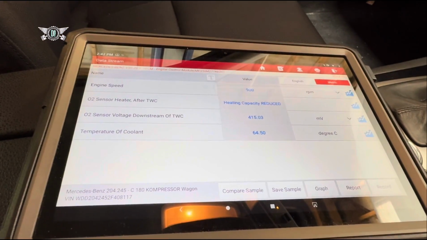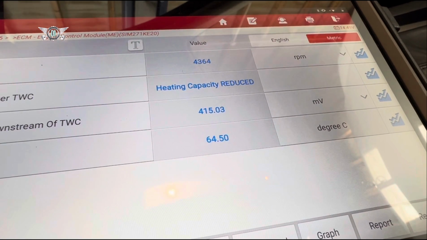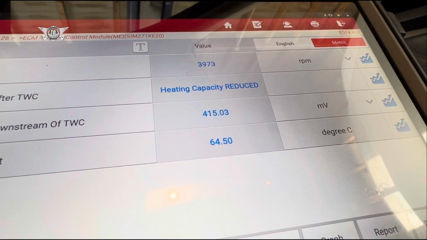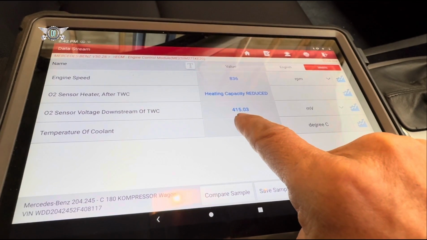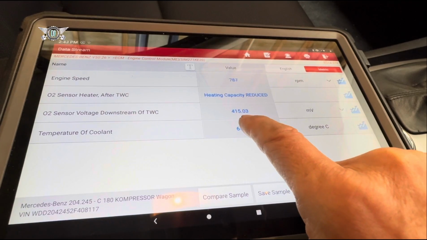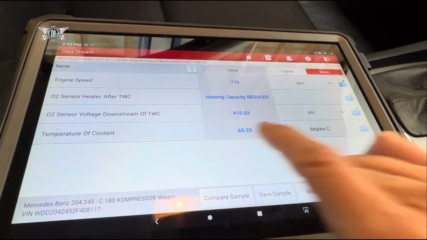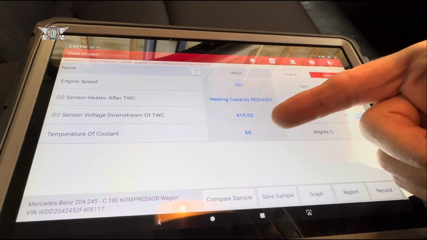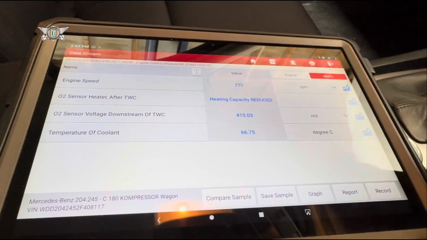That just isn't changing much. So that figure is showing the ECU a lean condition. Technically it's supposed to be fluctuating. So I'm going to replace the sensor, and then we can double check and see how the new sensor behaves.